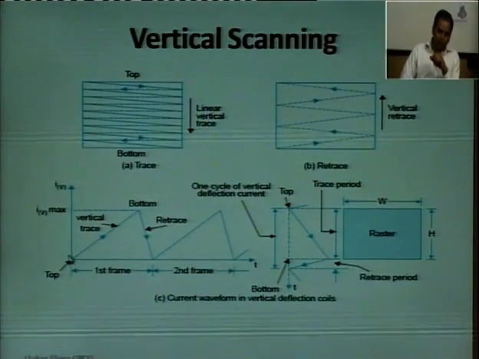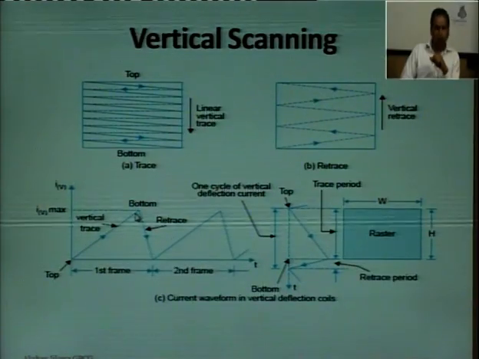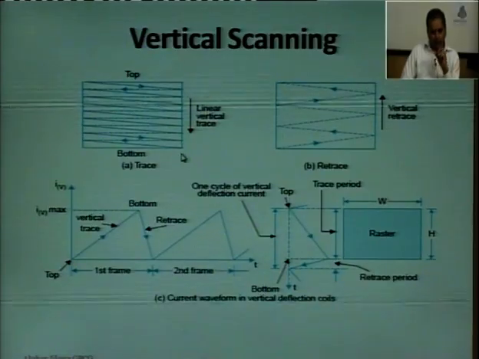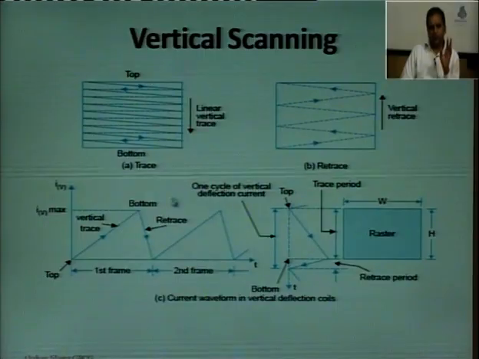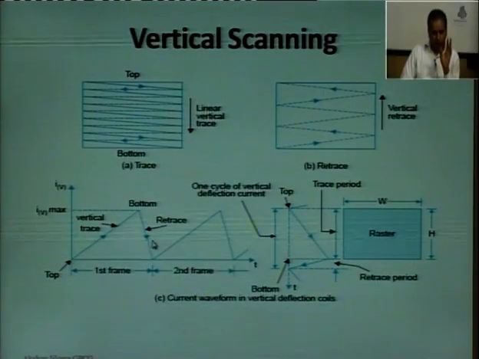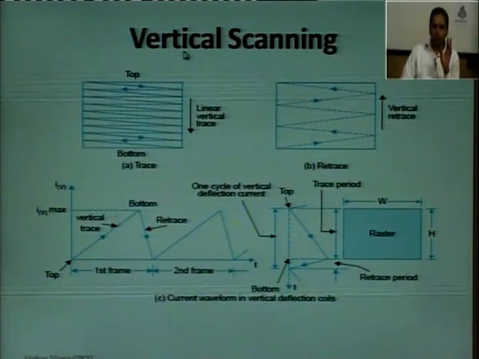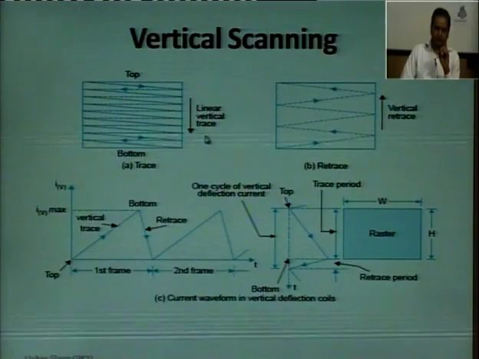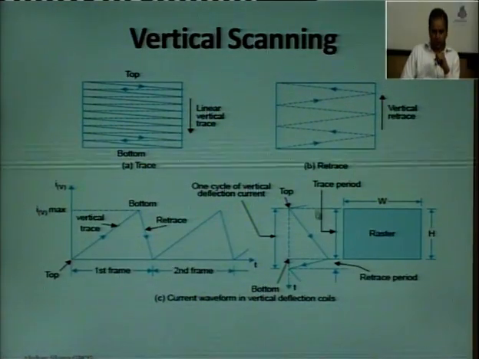When the current rises in the vertical deflection coil, the beam spot will move from top to bottom, and when the direction of current is reversed, when it is falling, then the beam spot will move from bottom to top. When the beam spot moves from top to bottom, this is called vertical trace, the trace period.